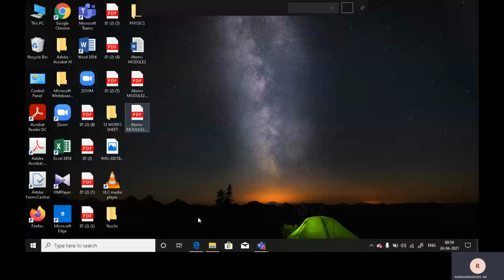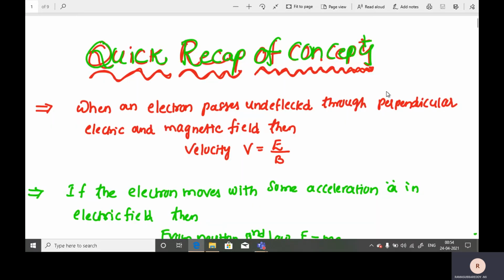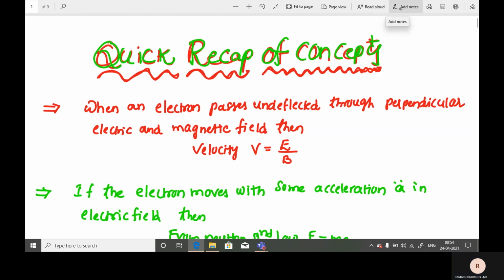Wait a minute, I will share that so that we can discuss all the concepts. So first we'll see the quick recap of the concepts whatever we discussed in module 1.